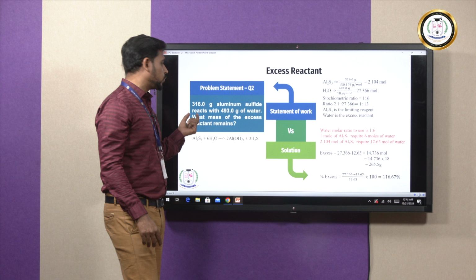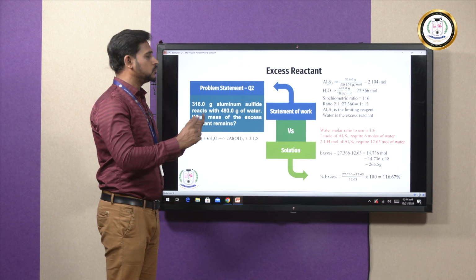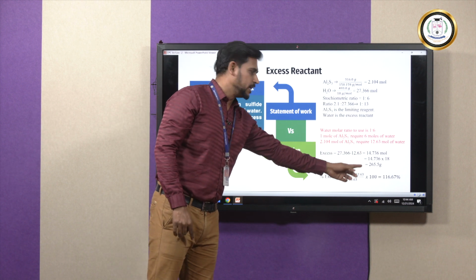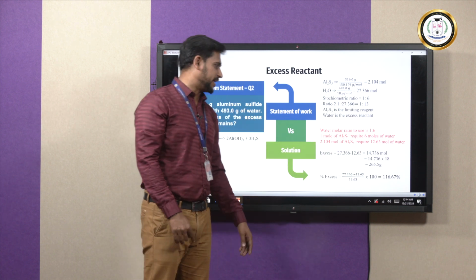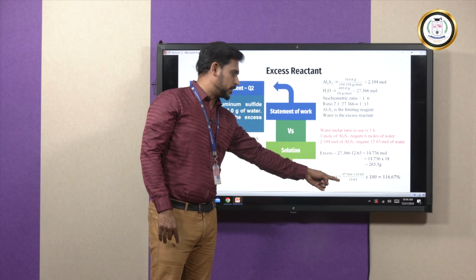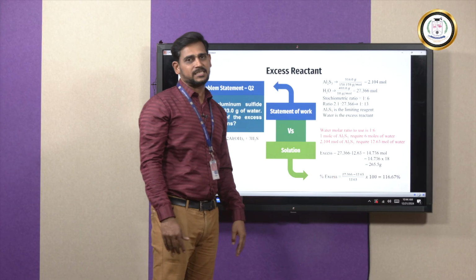Again the question is about mass, so we want to convert mole basis into mass basis. So multiply by the molecular weight, 14.736 into 18, that is 265.5 grams. To calculate the percentage excess, how much we fed 27.366, minus how much is required 12.63, divided by 12.63 into 100, we get 116% excess of water.